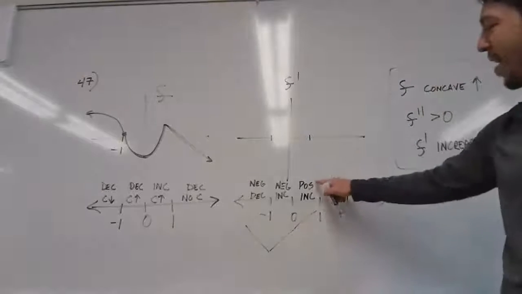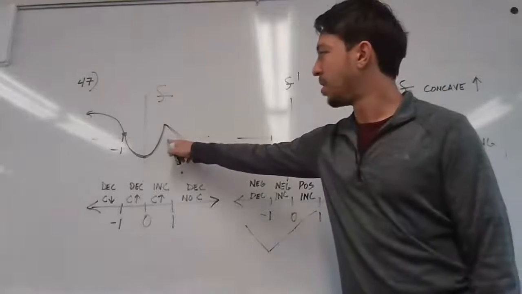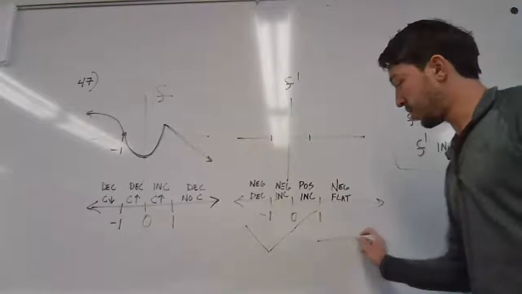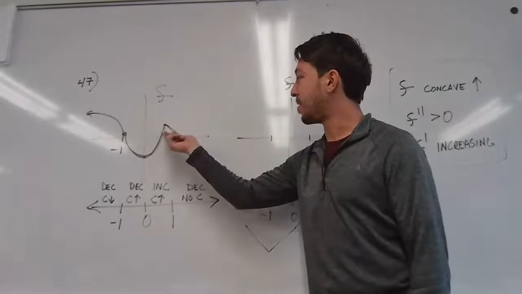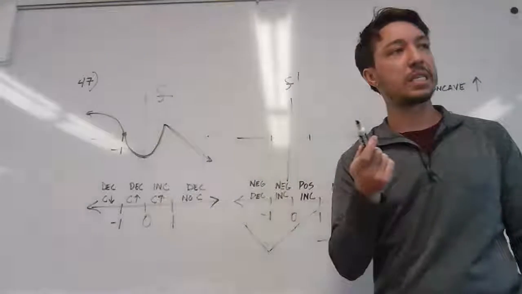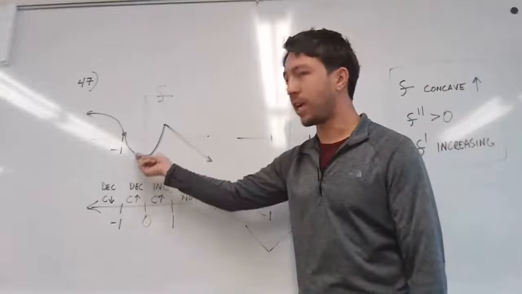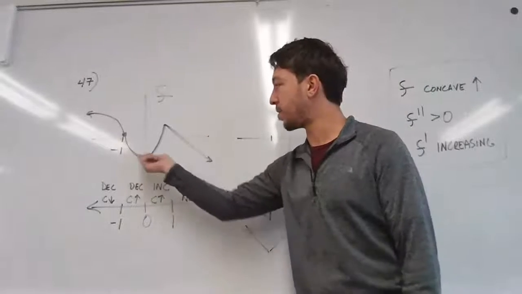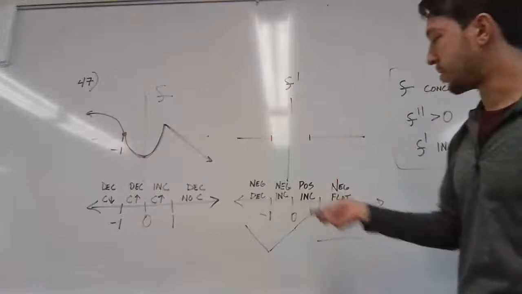So how can I go from positive increasing to negative flat? What has to happen? True. There has to be a jump. Notice how the derivative is jumping from a positive number to a negative number instantaneously. Does that make sense? Yeah. Whereas at 0, it's changing smoothly from a negative derivative to a positive derivative.